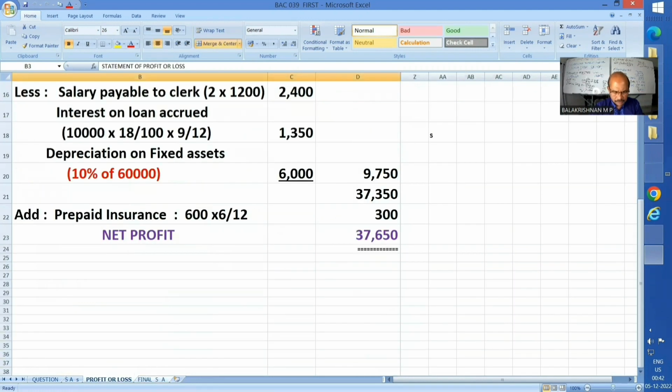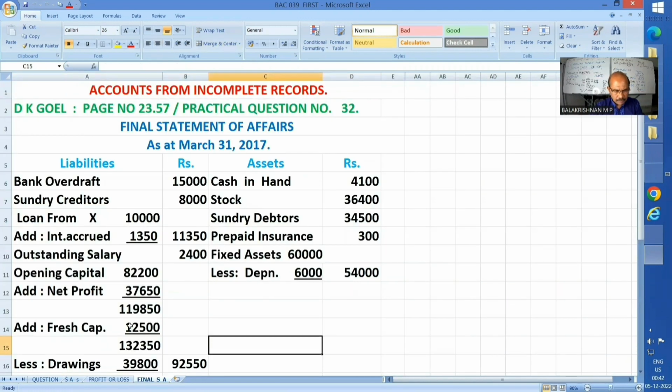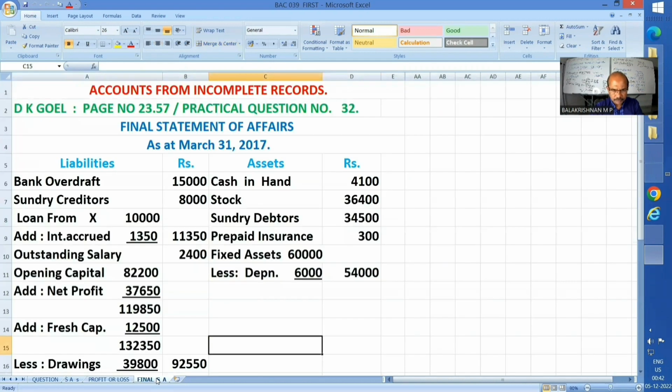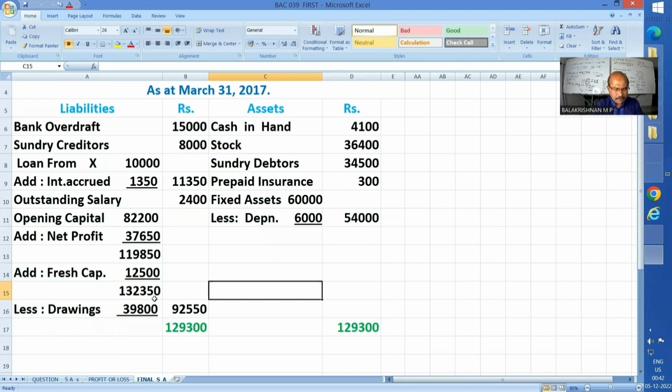Yes. Add fresh capital introduced, 12,500. That also we can get from this profit or loss. Is it not? 12,500. Fine. Thereafter, drawings, again available in our statement of profit or loss.